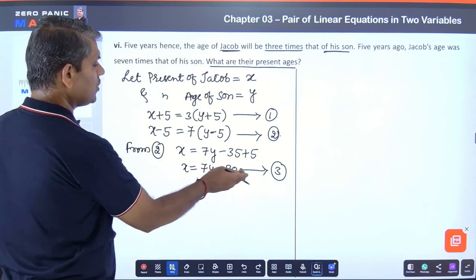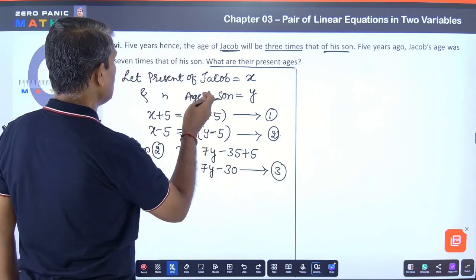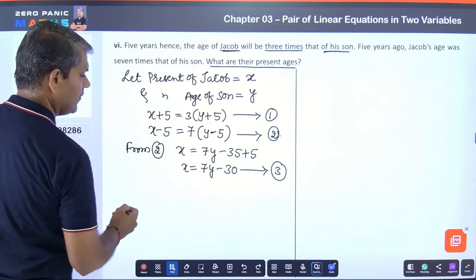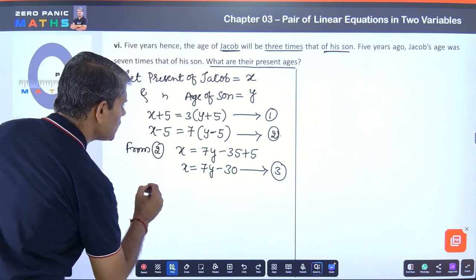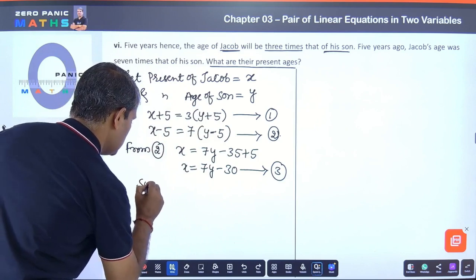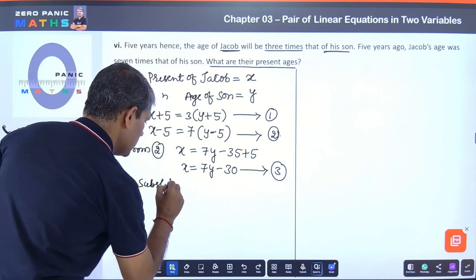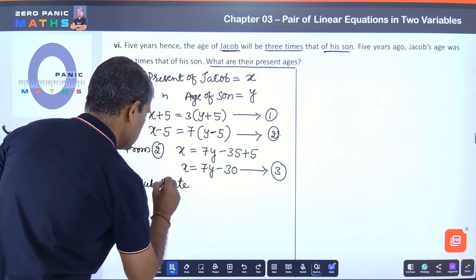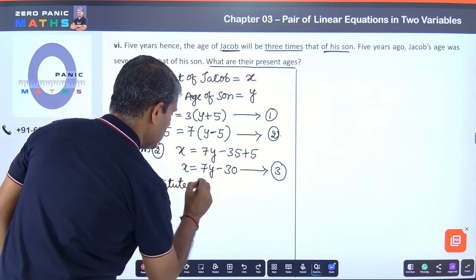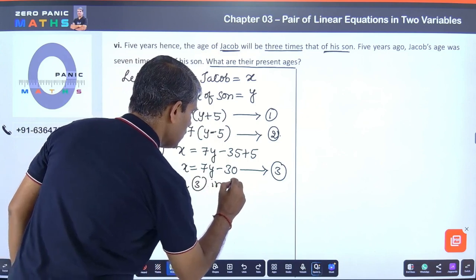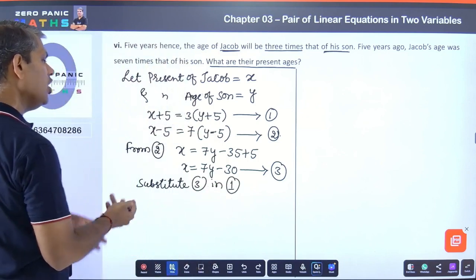Now substitute 3 into equation 1, you're going to get the y value.